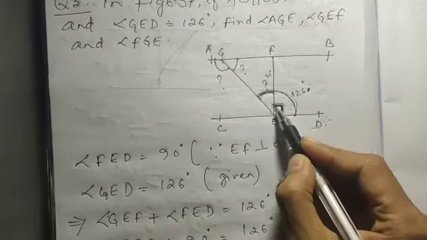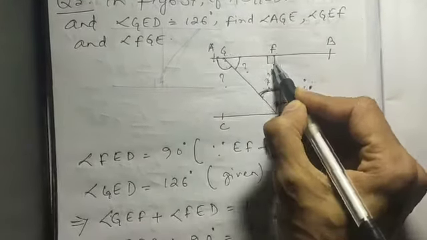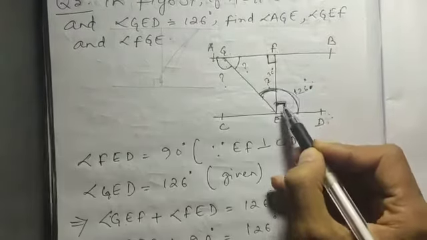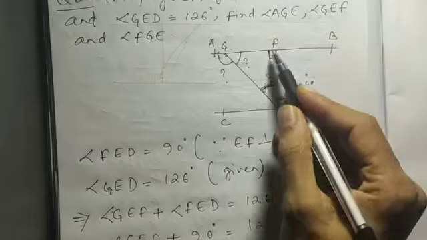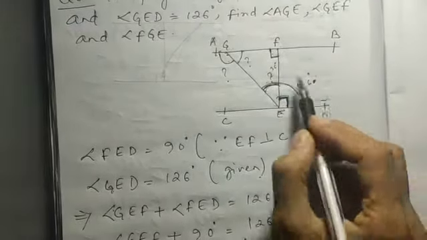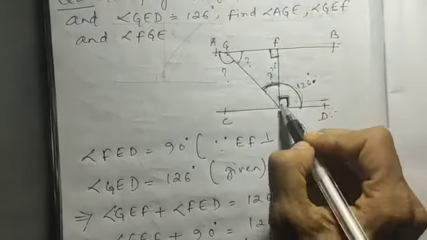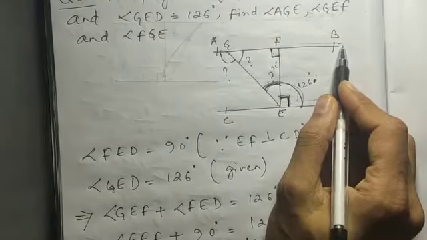Now you see, if this is 90, this is also 90. Why? Because this EF is perpendicular on CD and CD is parallel to AB. That means EF is perpendicular on AB also.